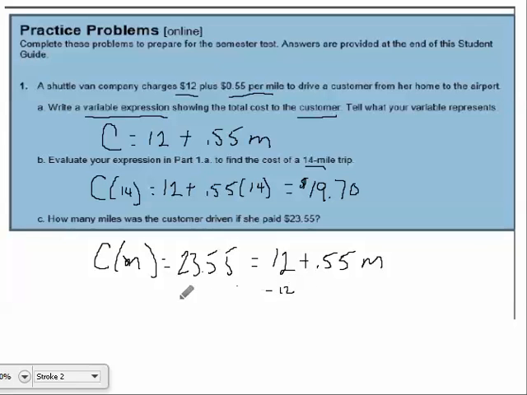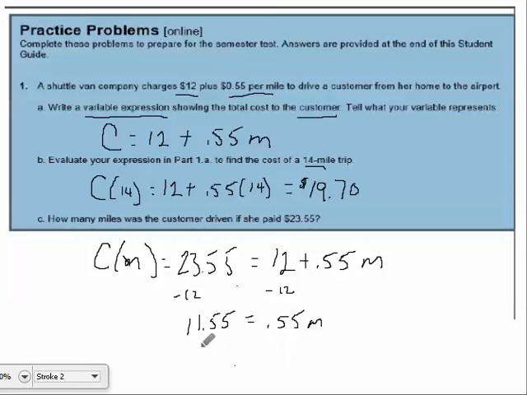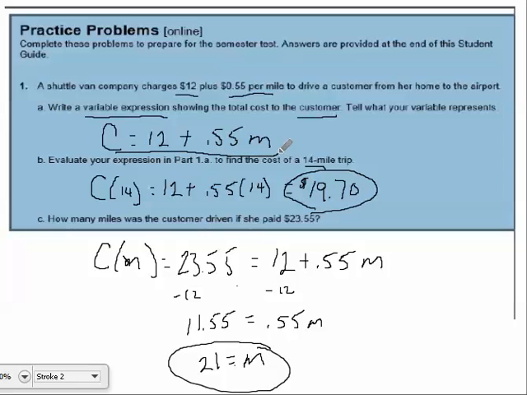I'm going to subtract 12 from both sides of the equation, and I'm going to get 11.55 is equal to 0.55 m. I can't do that math in my head either, so I'm going to take 11.55 divided by 0.55, and I'm going to get 21 miles. So 21 is equal to m. That would be the answer to the third one. That would be the answer to the second one. And that would be my equation that I came up with right there.